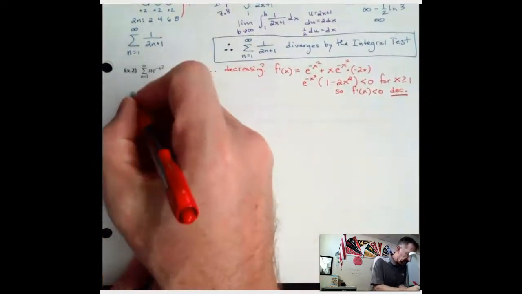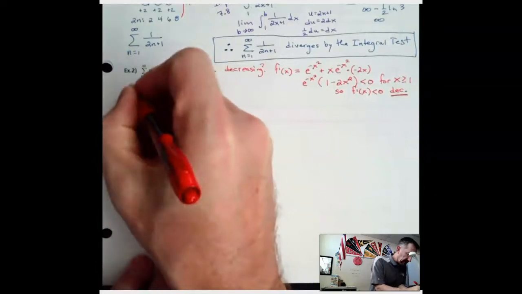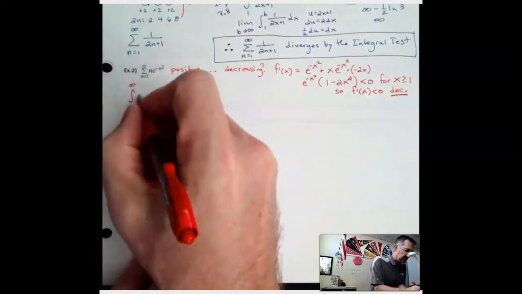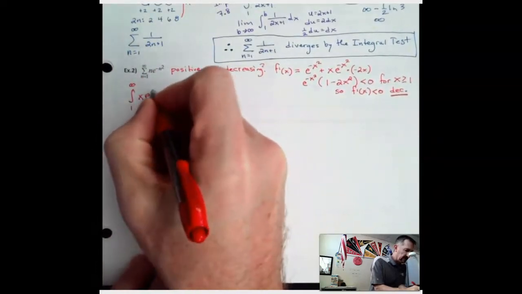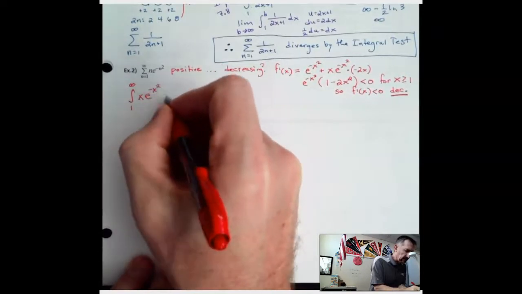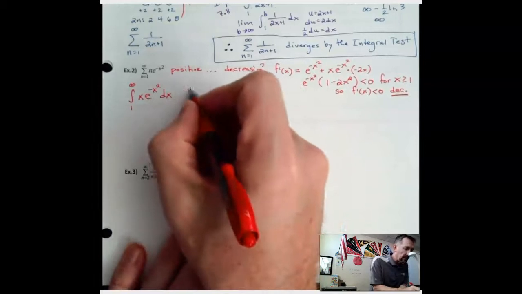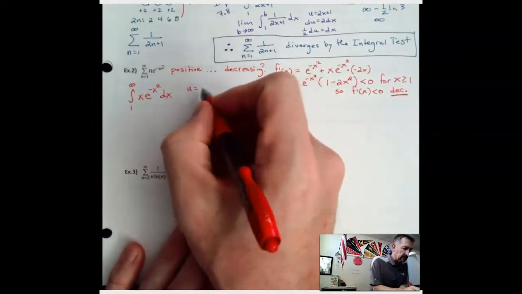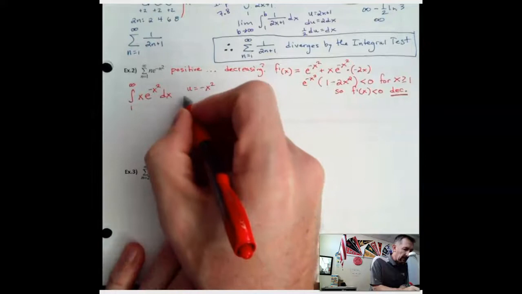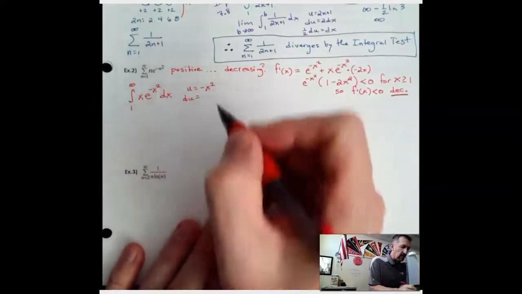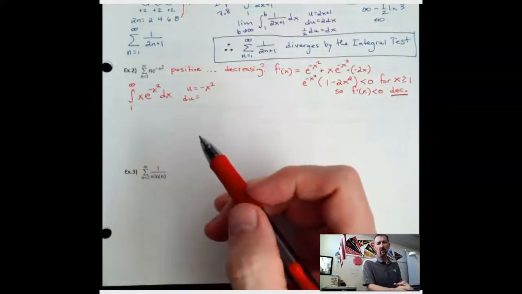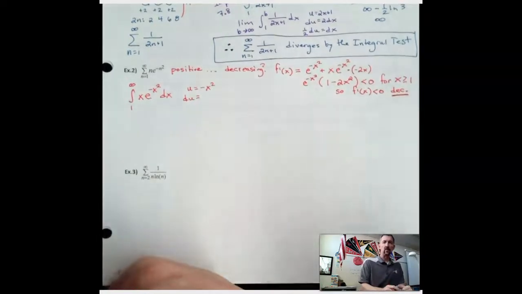So we're going to integrate from 1 to infinity of x e to the negative x squared dx. So we're going to use a u substitution on that. When we get to parts that you know how to do, you should pause the video and do those parts.